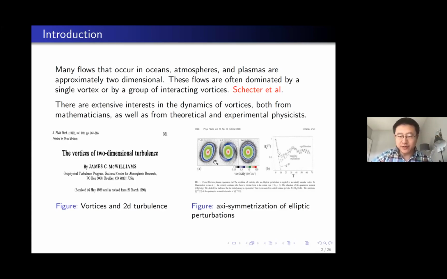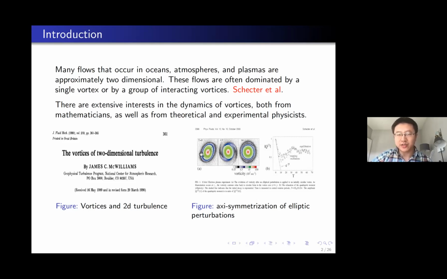Here I have clipped two papers. The first one is by Mike Williams, who has done a lot of work on vortices and their role in so-called two-dimensional turbulence. On the right, you have an experiment, which is actually on electron plasmas, but surprisingly satisfies the same equation, 2D Euler.